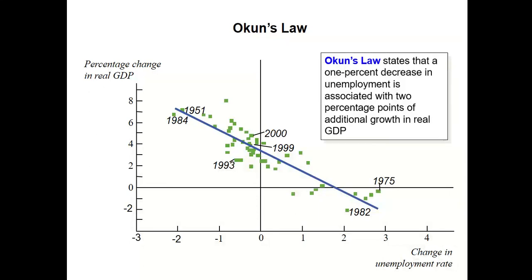Okun's law states that a 1% decrease in unemployment is associated with 2 percentage points of additional growth in real GDP.